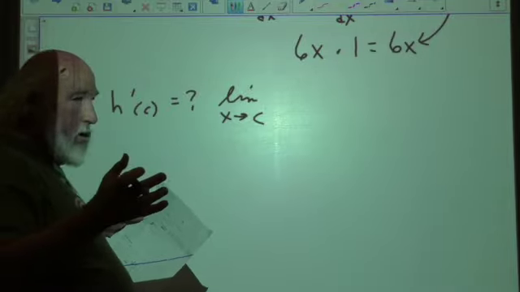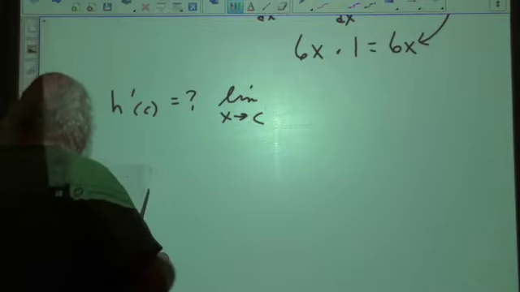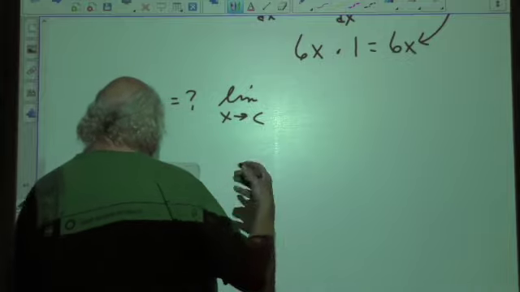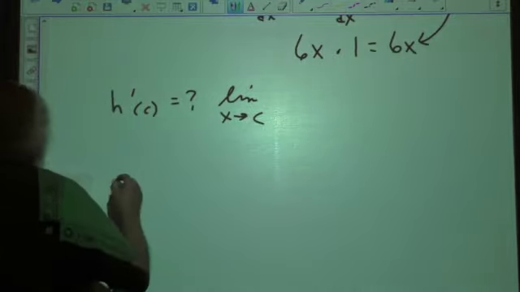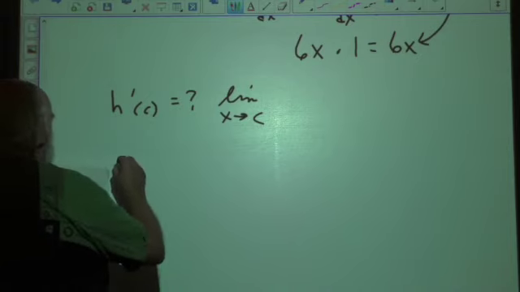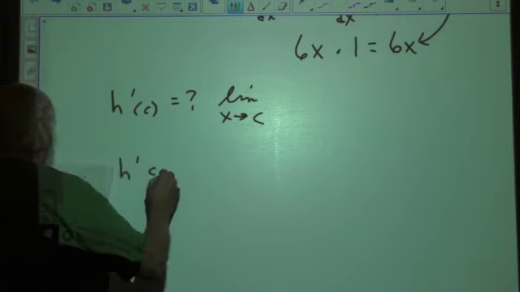That's what a derivative is defined as. All right, so we're looking in terms of f and g of x. Well, let me put it another way here. Let's put here h prime of c.